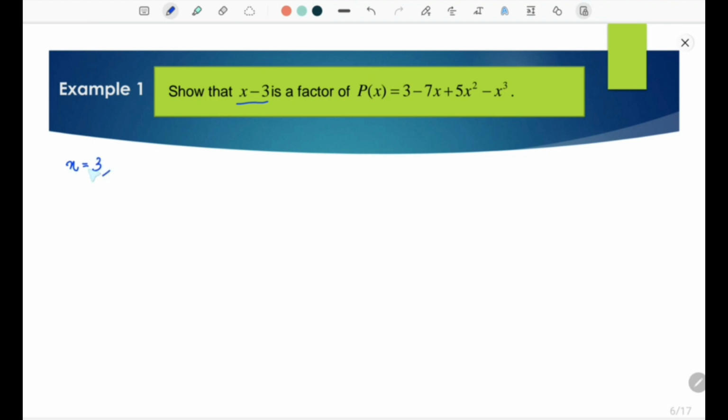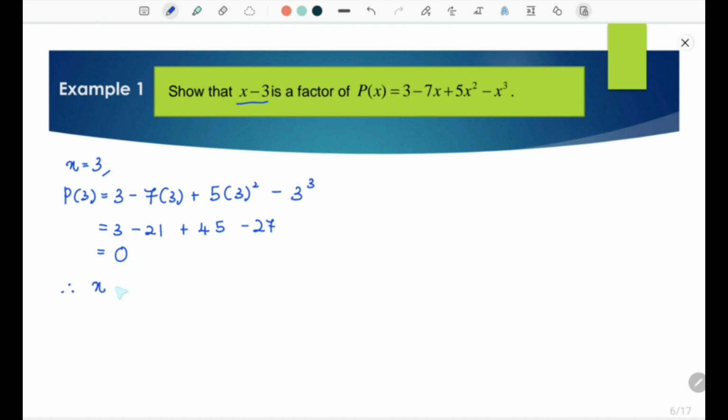Then we substitute x equals 3 in this polynomial, so p(3) equals 3 minus 7 times 3 plus 5 times 3 squared minus 3 cubed, which equals 3 minus 21 plus 45 minus 27, which equals 0. Therefore, x minus 3 is a factor of p(x) equals 3 minus 7x plus 5x squared minus x cubed.